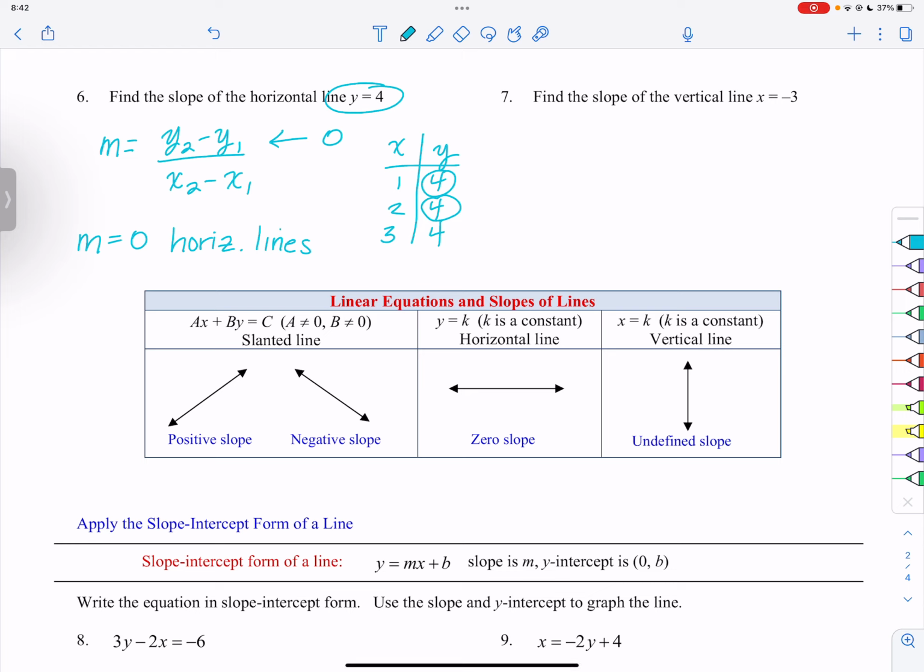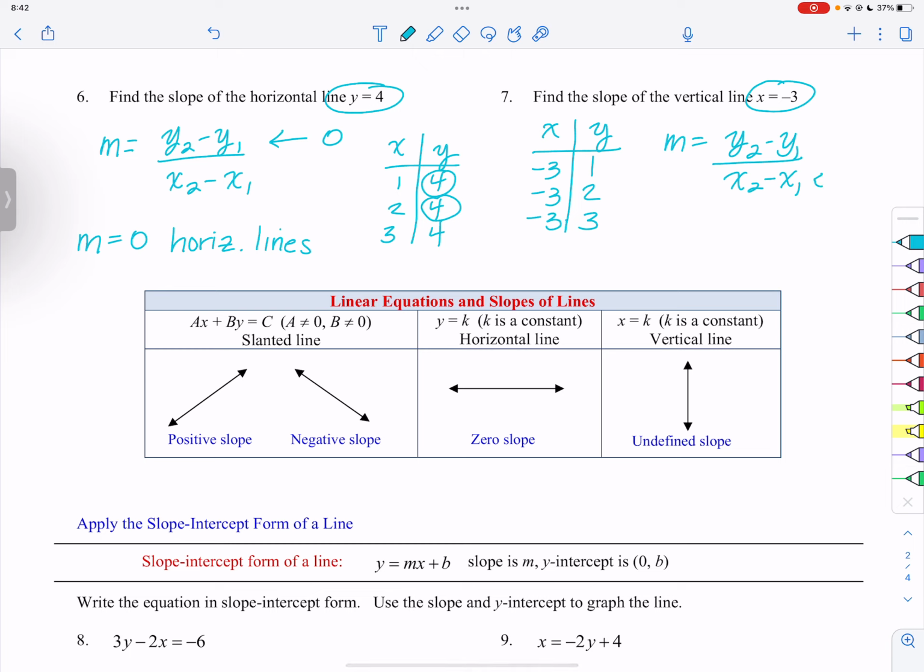Okay, how about this vertical line, x equal to -3? You could think of -3, -3, -3, and these are the y values. And now when you see the slope formula, if the x values are the same, subtracting two of these x values is going to be 0.